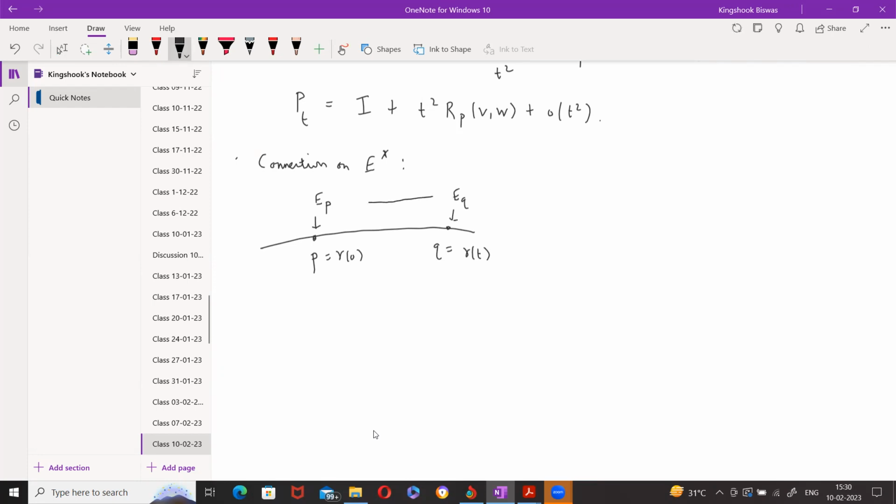And I have the parallel transport PT, right?